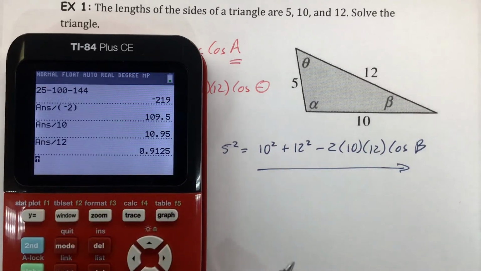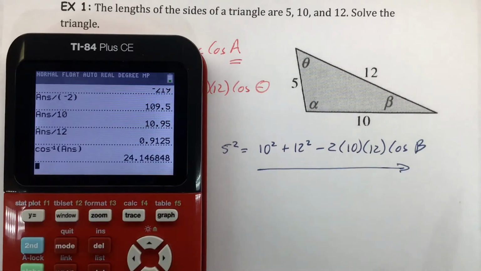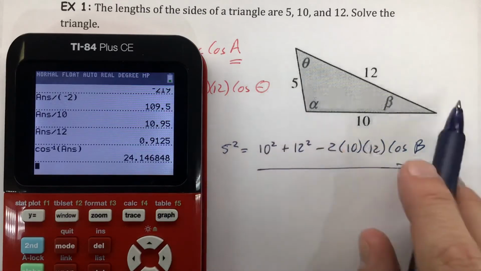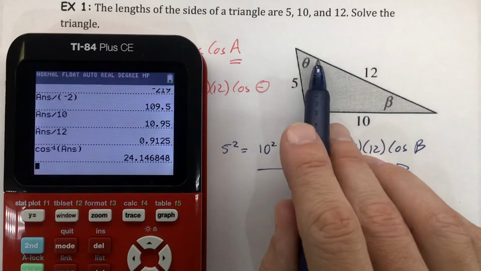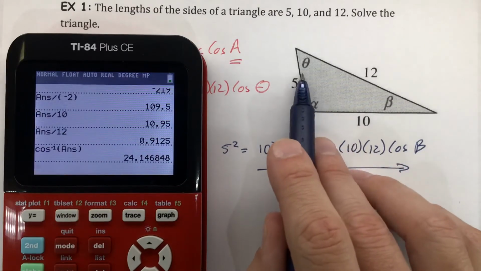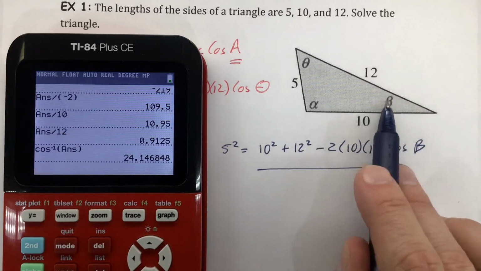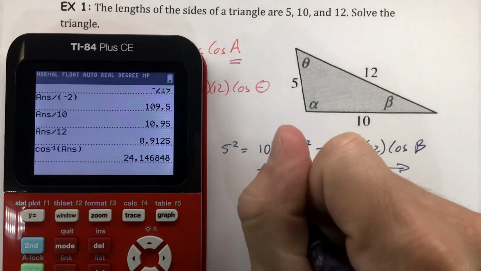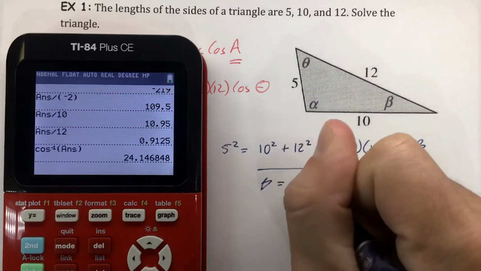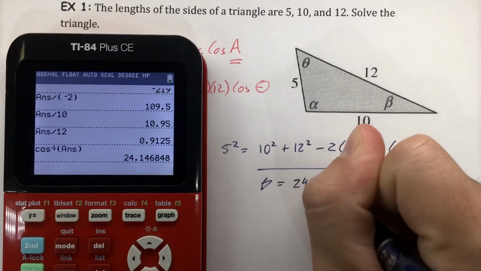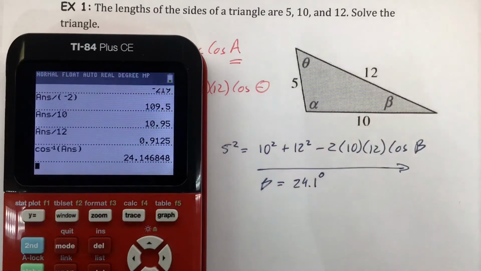And I will do an arc cosine of that number. I'll actually just recall the answer this time. And that is it, beta. And if you look at the picture, which might not really be drawn to scale, 54 sounded like a good angle measurement that was here. Beta, beta as 24.1 sounds like a pretty good answer there.